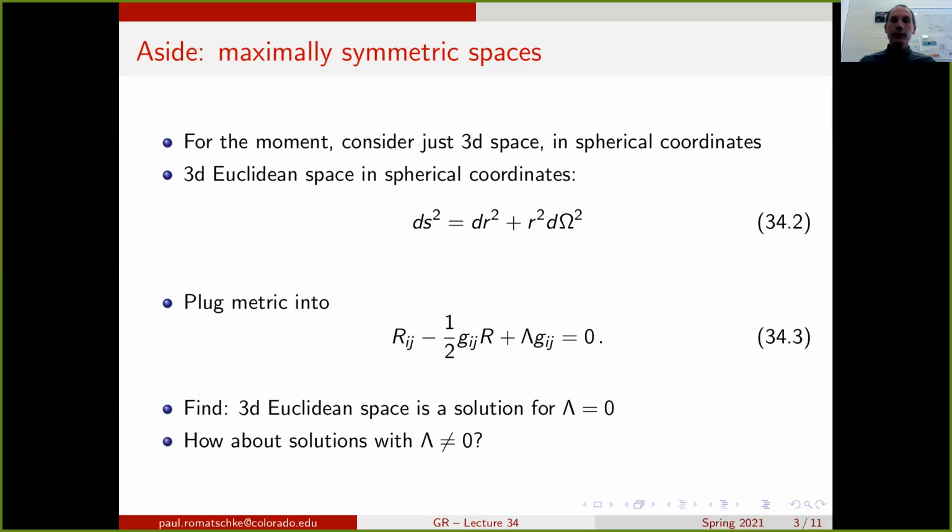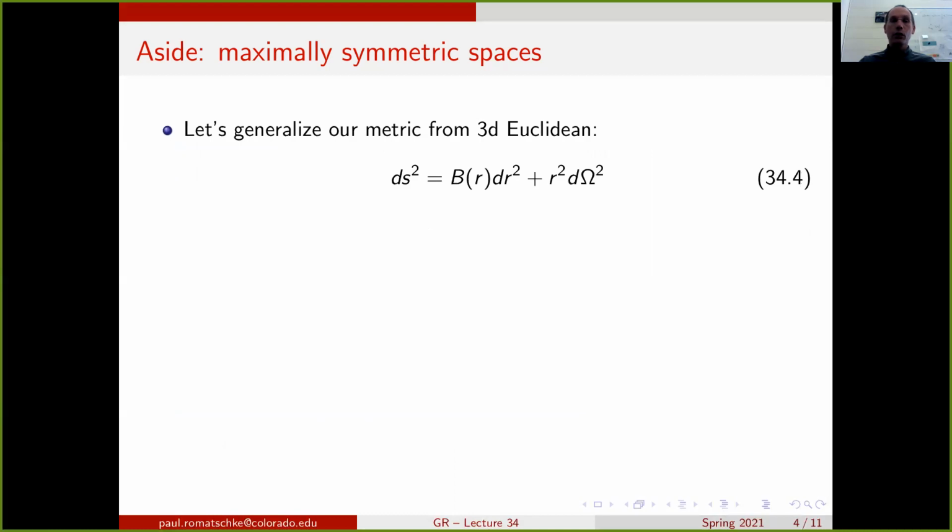Now we can ask ourselves, well, what about solutions that are spherically symmetric in three-dimensional space that have non-vanishing cosmological constant? In order to do this, we just take our line element that we had for Euclidean spherical coordinates, and we modify it by sticking in an arbitrary function b of r instead of 1 into this metric here. If we plug this into the Einstein field equations in 3 dimensions, we can solve this using our computer program to evaluate all the Ricci tensors and Ricci scalars.